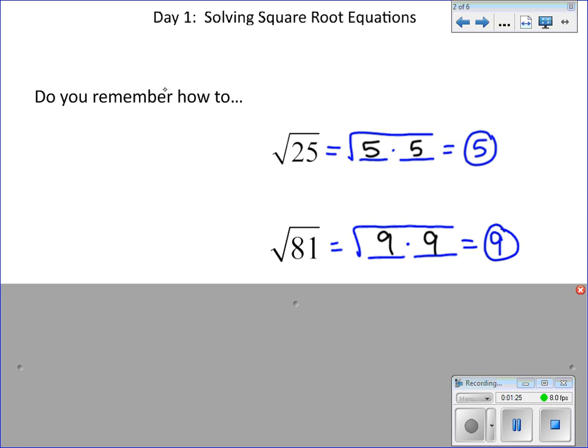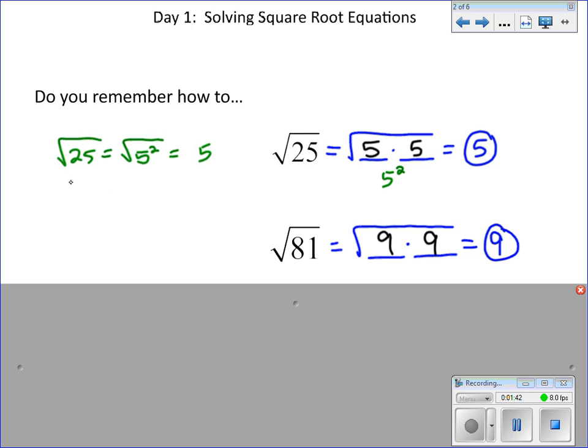So another way to see this then is the square root of 25 equals the square root of 5 to the second power. Because when we write 5 times 5, that's just the same as writing 5 to the second power. And then we get 5.